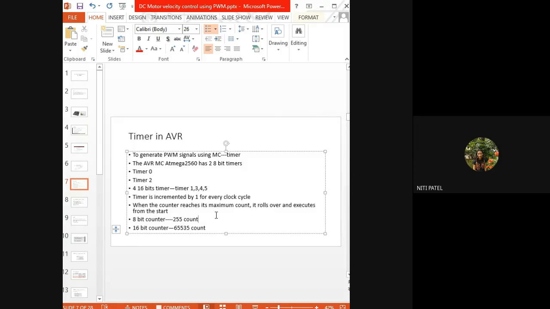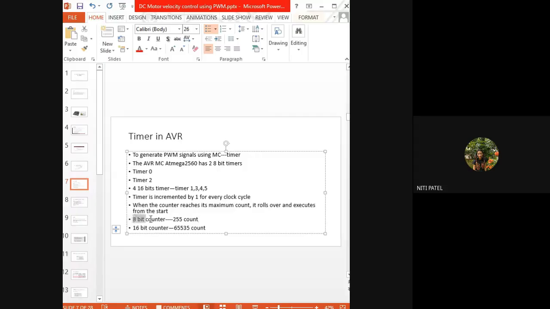Every counter has its different maximum count, and depending on that it will count up to its maximum value. जैसे ही उसने maximum value पे reach हो गया, it will again restart the counting from 0. That means it will store the previous count and restart the second count from 0. तो ये जो 8 bit के counters है, उसका maximum value कितना है? 255.